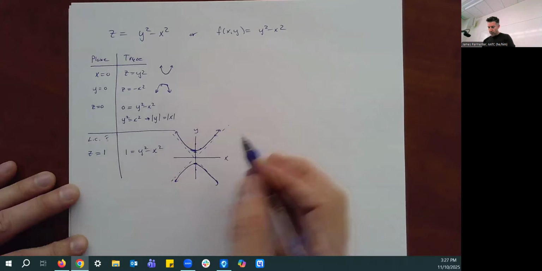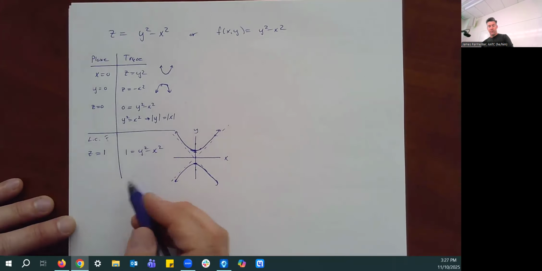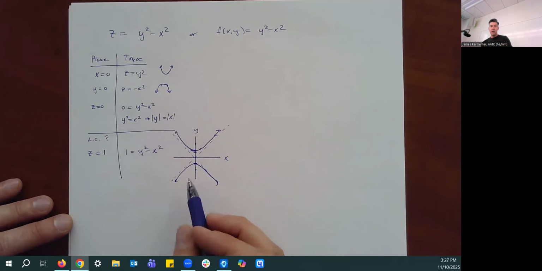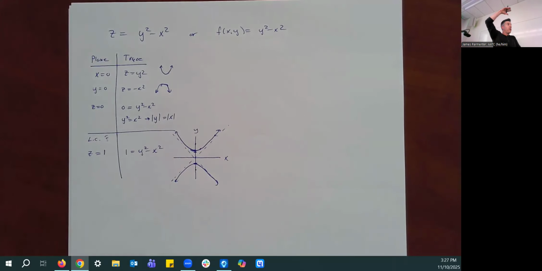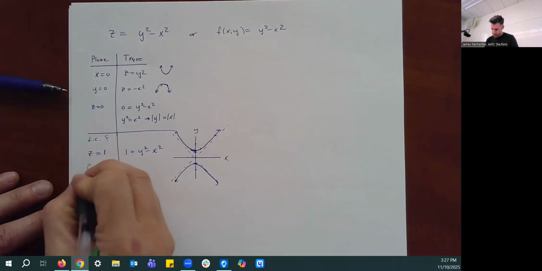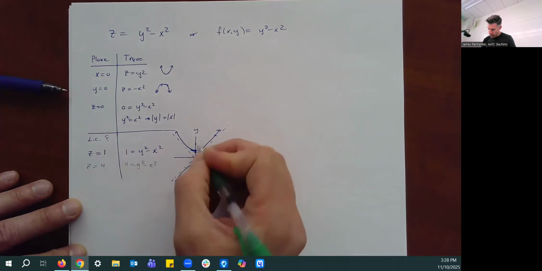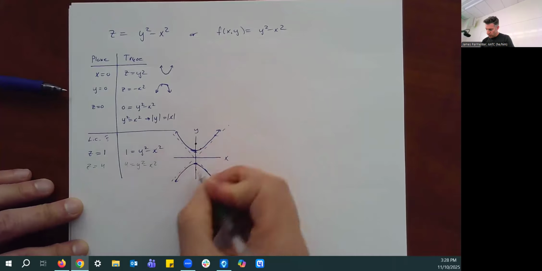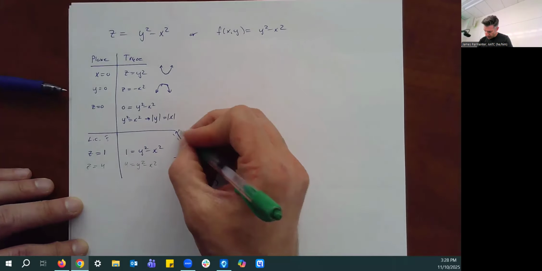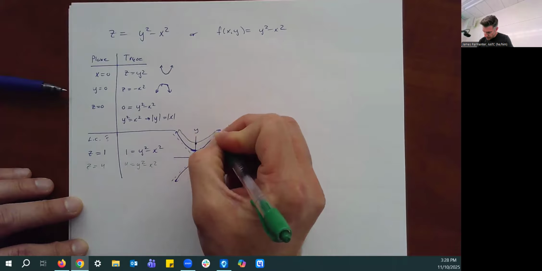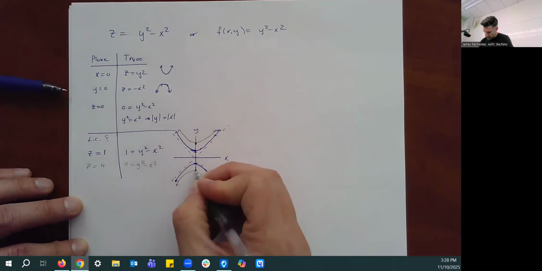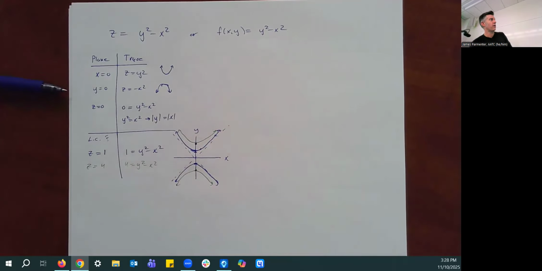So I'll point out the higher you go, right? For example, if z was equal to 2, your hyperbola would just move a little further up. Or let's say z was equal to 4, so 4 equals y squared minus x squared, your hyperbola now has a y-intercept of 2 and negative 2, and it would look kind of like this. Not great at drawing them.